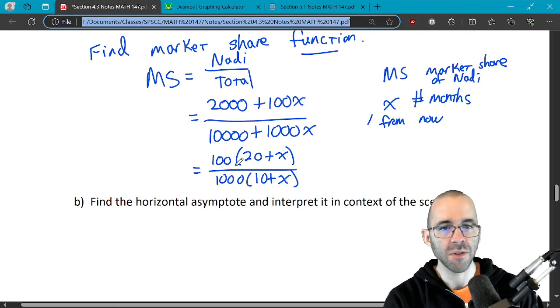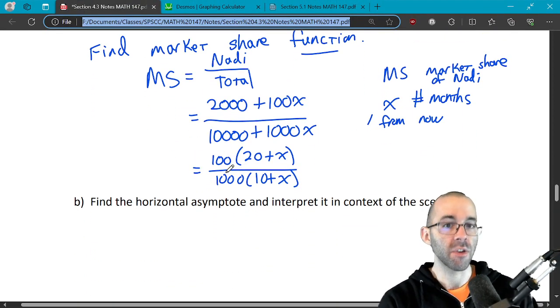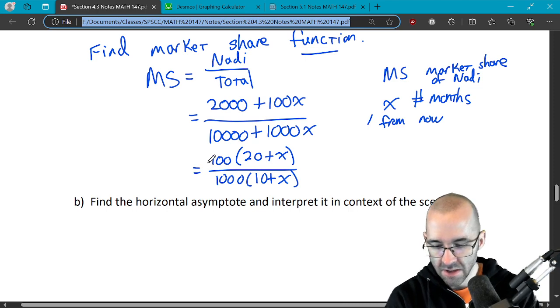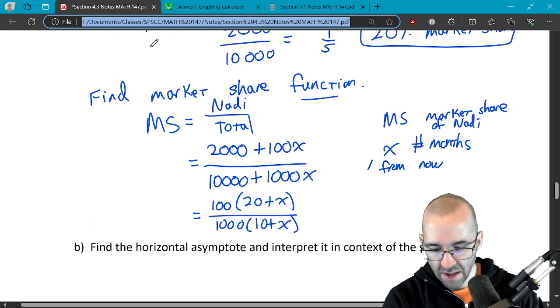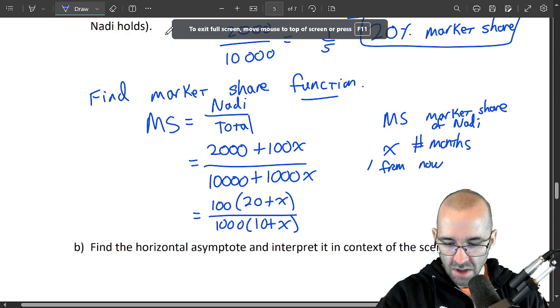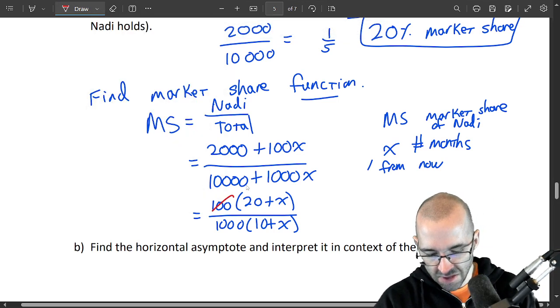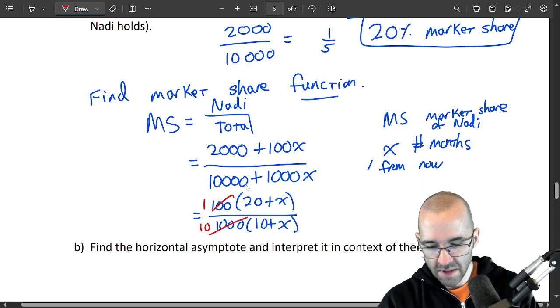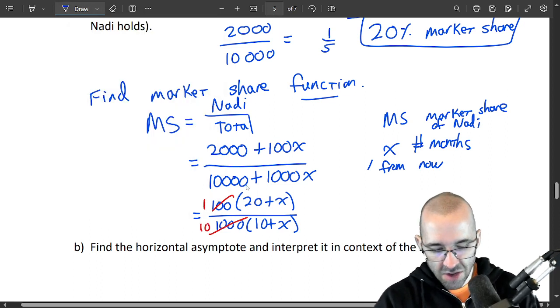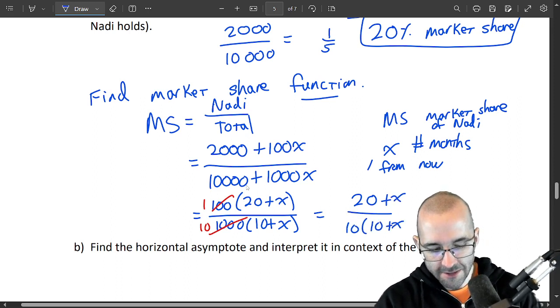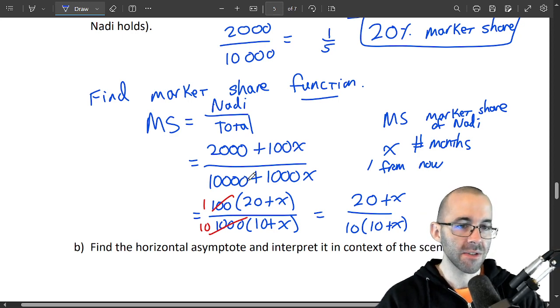So in order to cancel fractions, we need to cancel factors. We can't cancel anything inside the parentheses here. It has to be only canceling these factors. We know that 100 divided by 1,000 cancels to 1 over 10. If we did want to simplify this function, which you don't have to do, it'd be 20 plus x over 10 times 10 plus x. That's how this would actually cancel.